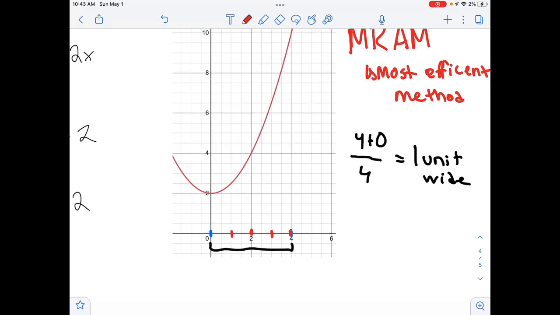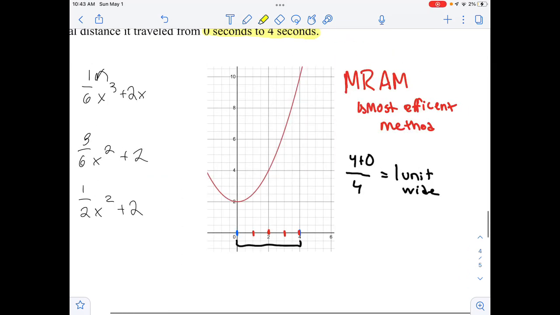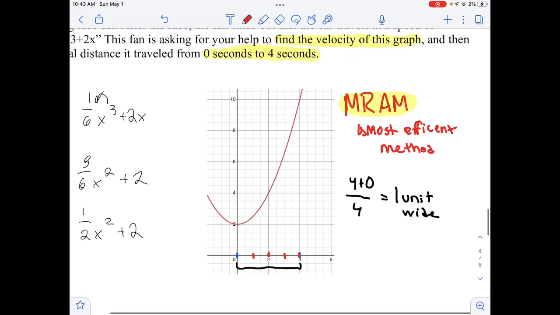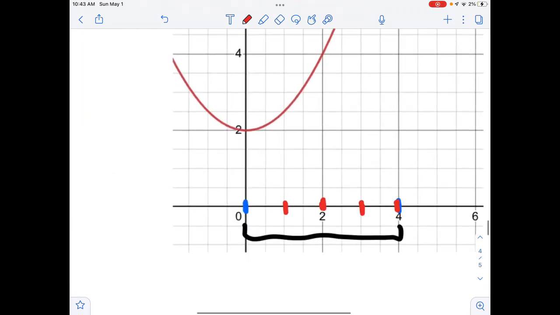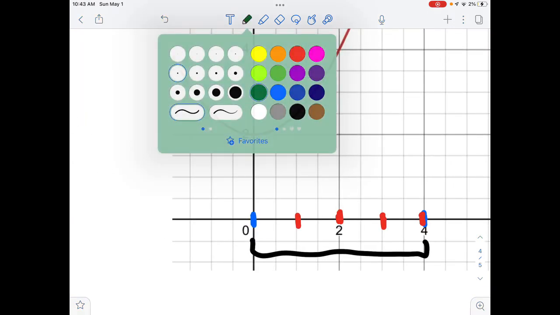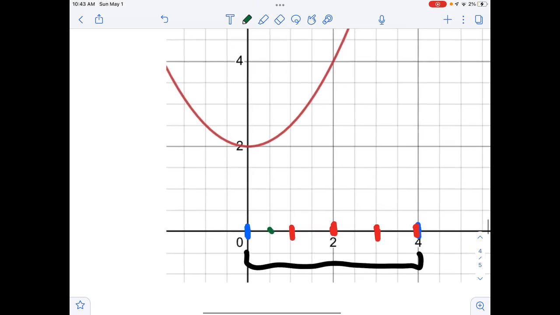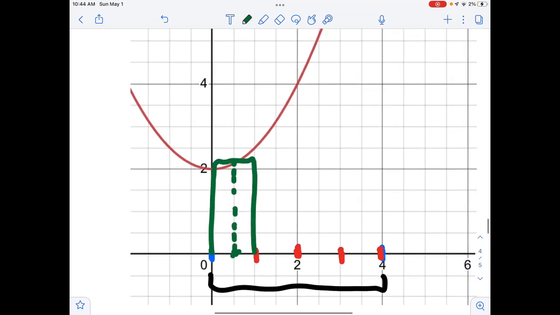Now it's time to draw our rectangles. So since we're using MRAM, we know that means we have to start at the midpoint of each rectangle. So on our first rectangle, this is the midpoint. So that means we're going to go up to where it intersects the graph and draw a rectangle.